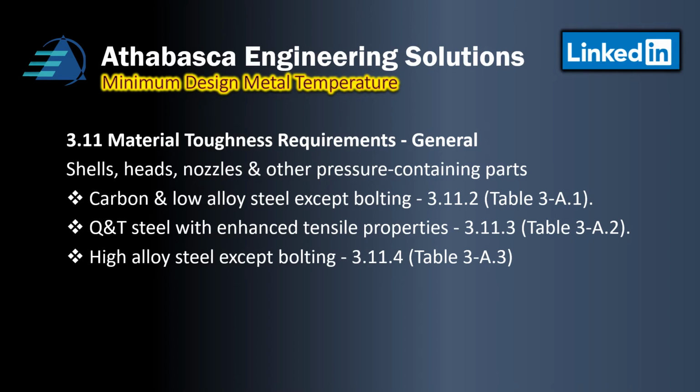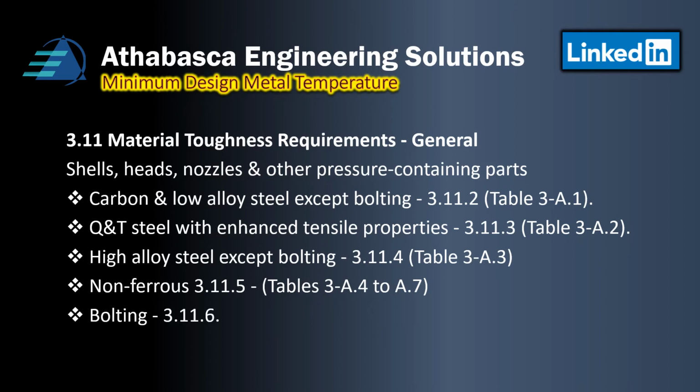The bolting requirements in all these are found in another section of 3.11, which of course has another table, organized in a very nice fashion. And then there are the other classes, the non-ferrous materials, which can include titanium and aluminum. It's listed because, in particular, the high alloy steels and the non-ferrous materials are listed for MDMT because they are typically used for cryogenic applications.